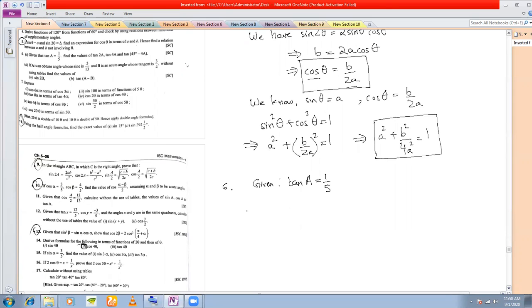Yes, you use the multiple angle formula. So we have tan 2A is equal to 2 tan A by 1 minus tan square A. I simply put the value of tan A, which is given to be 1 by 5.